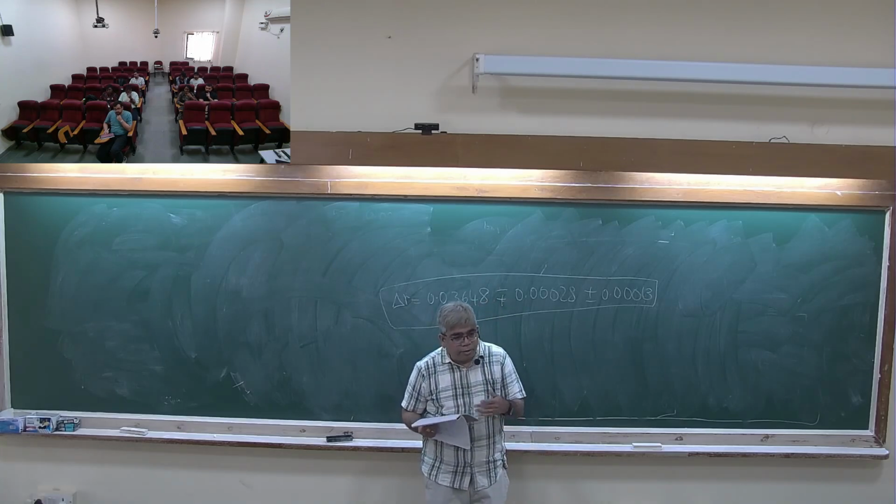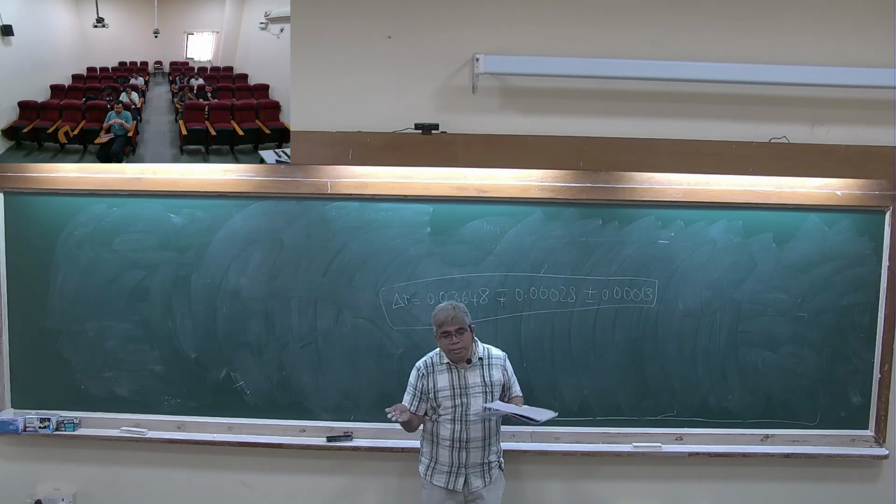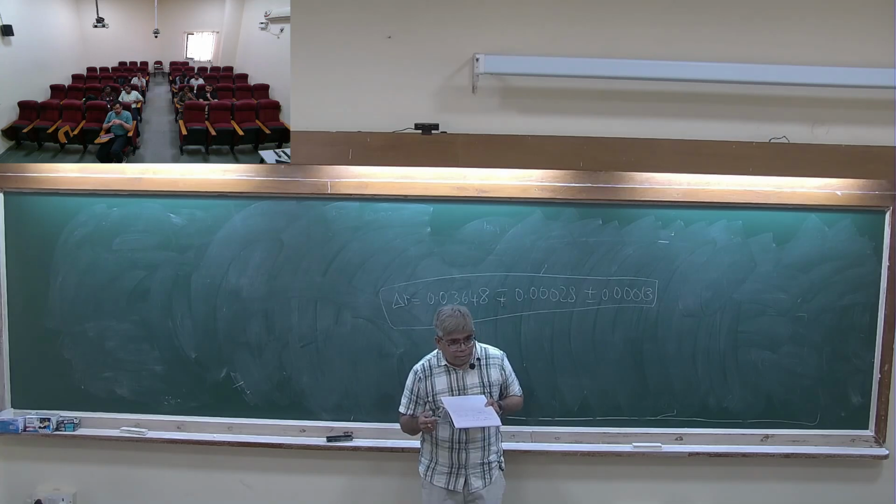Now, if a theory is not parity violating, say if it is a vector theory like QED or something, then there is no distinction between left and right. The particle and antiparticle cross sections in, say, QED have very minimal differences.